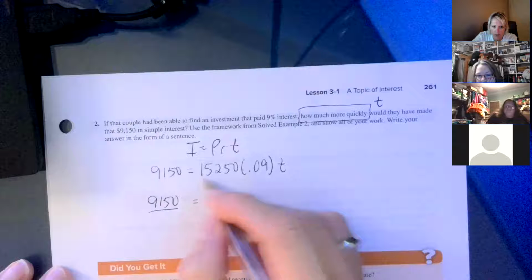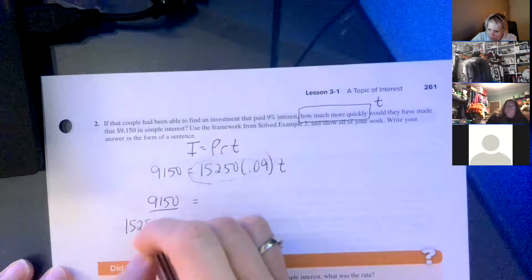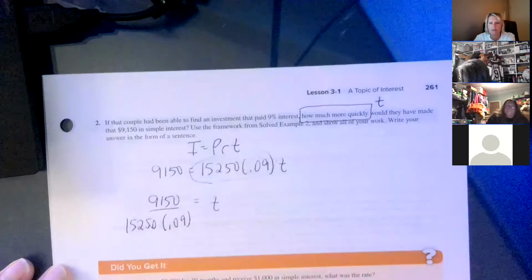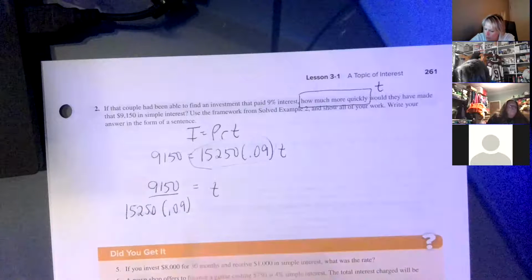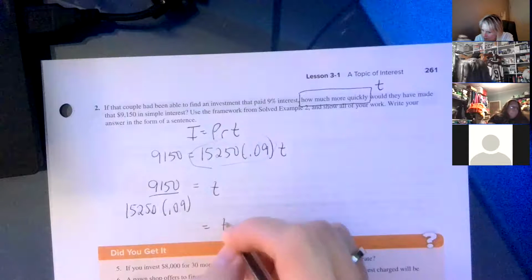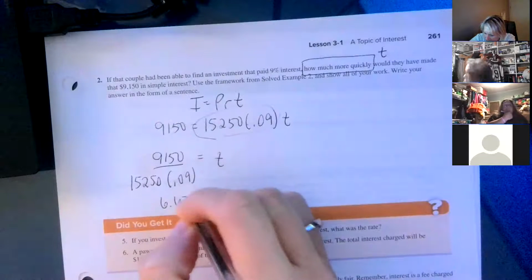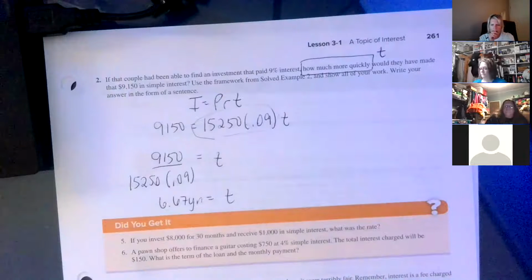So we're going to divide away this chunk right here. 15,250 times 0.09 equals T. And what do we find for T? I got like 6.6667 or 6 2/3 years. Yeah. So again, putting that into Desmos.